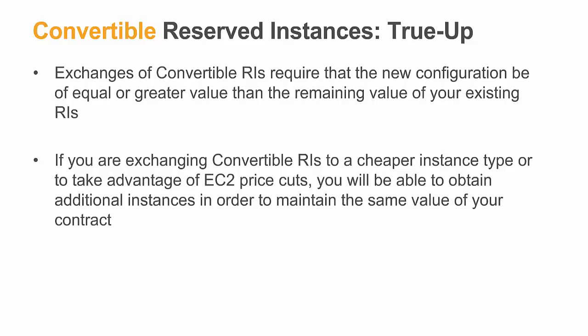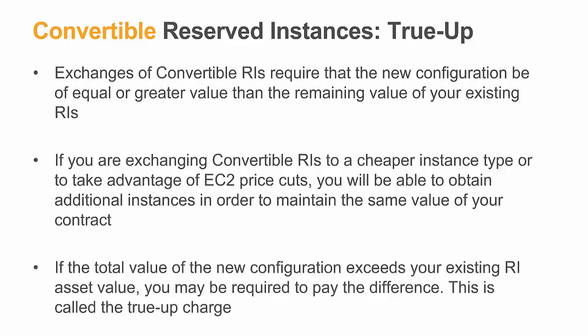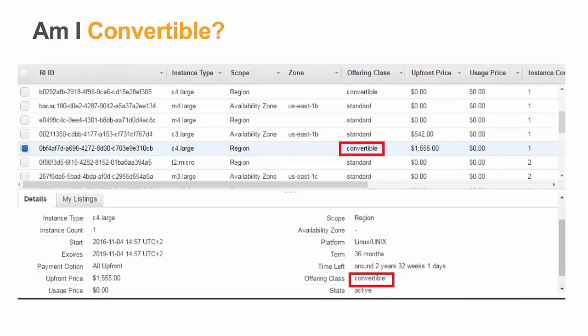If you are exchanging your convertible RIs to an instance that is less expensive than the original instance, then you will obtain additional instances to maintain your asset value. When you exchange convertible RIs for an instance that is more expensive, then you may be required to pay a true-up charge. A true-up charge is the difference between the prorated upfront cost of the original convertible RI that you had and the convertible RI that you receive from the exchange.